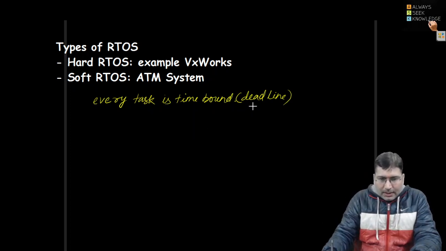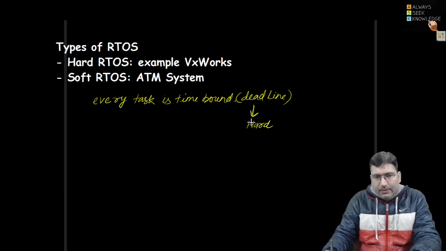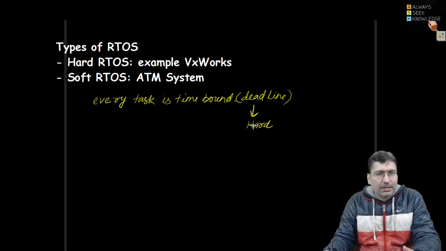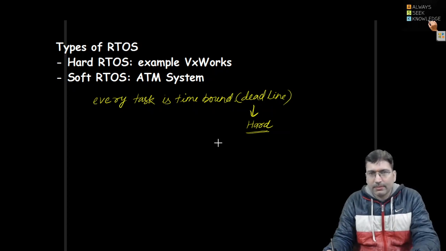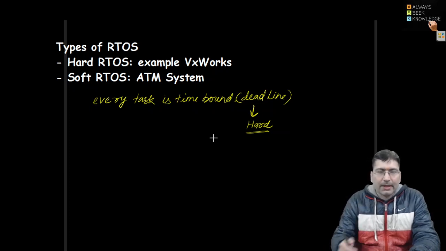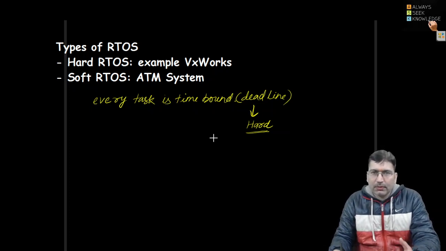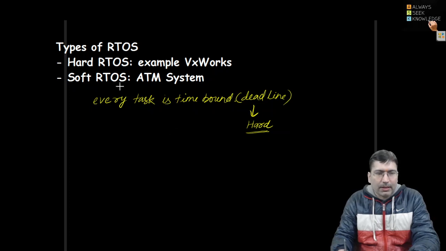If these deadlines are hard in nature, very strict in nature, and even a millisecond delay cannot be tolerated, then we consider such a real-time OS a hard real-time operating system. Let's say a missile launching system or rocket launching system. Even a second of delay will not meet the target, right?